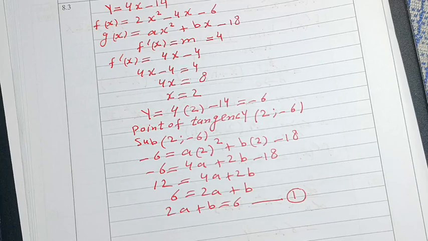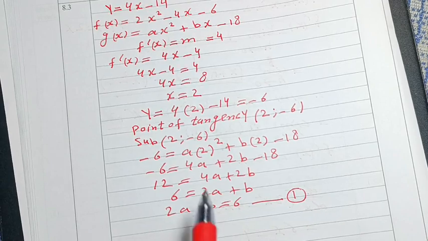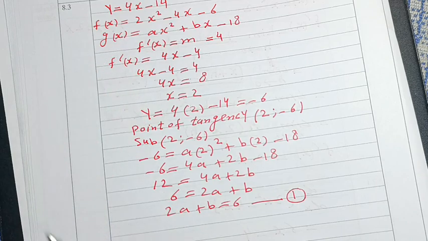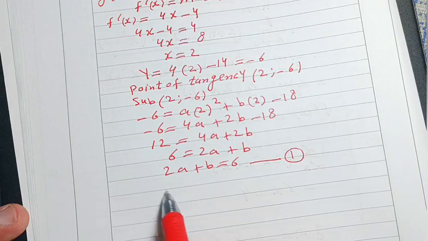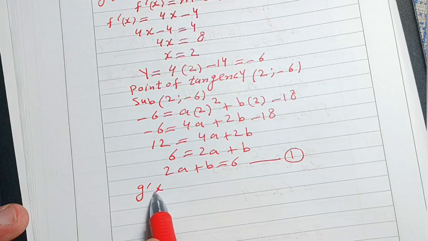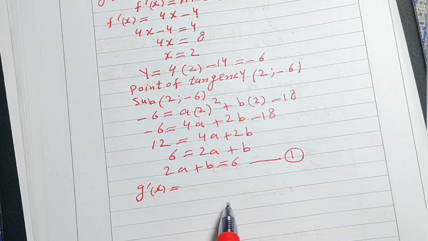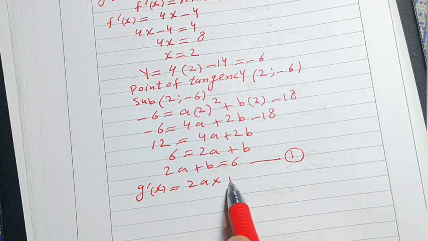But remember, at the point of tangency x equal to 2, the slope of g of x must be equal to the slope of the tangent line, which is 4. So we find the first derivative of g of x. The first derivative of g of x is equal to 2ax plus b.